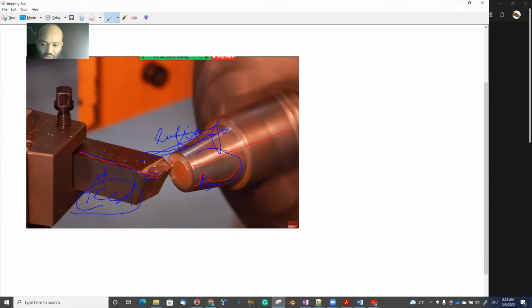So just here you have an automated system. Nowadays in numerically controlled machines, the movement of the tool along the radial and longitudinal directions is controlled by the numerical controller.